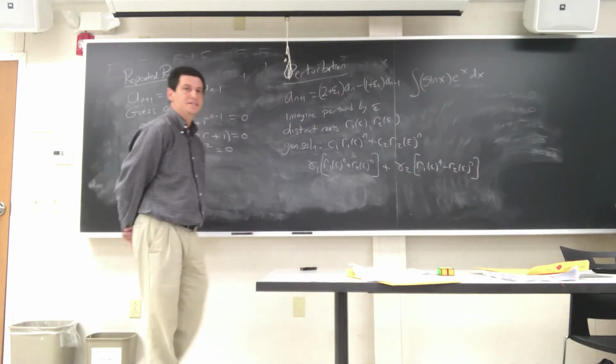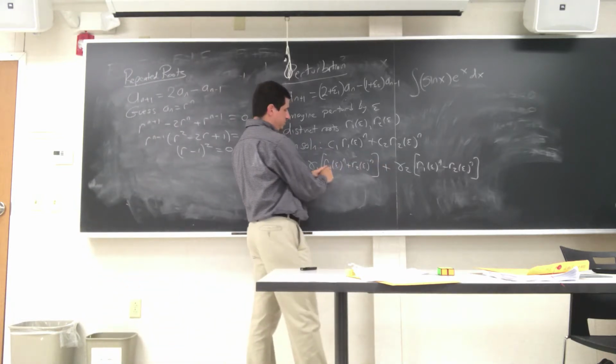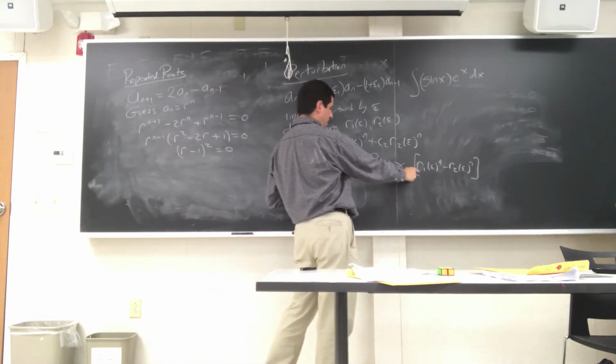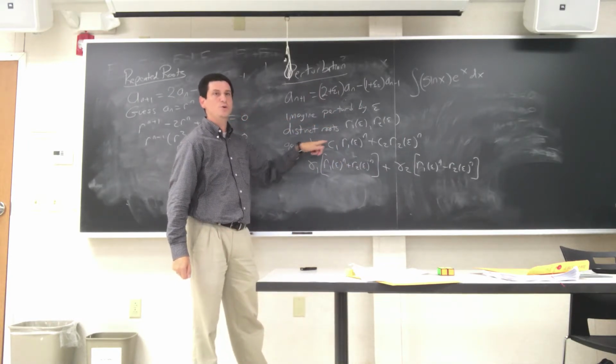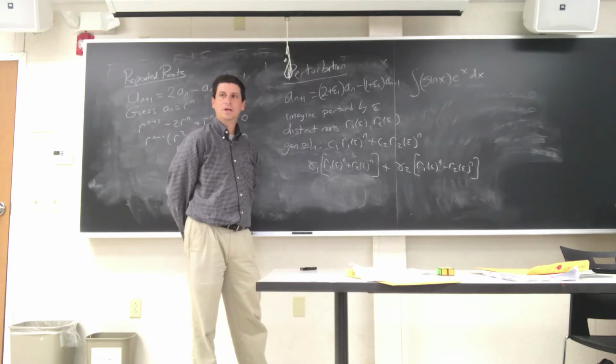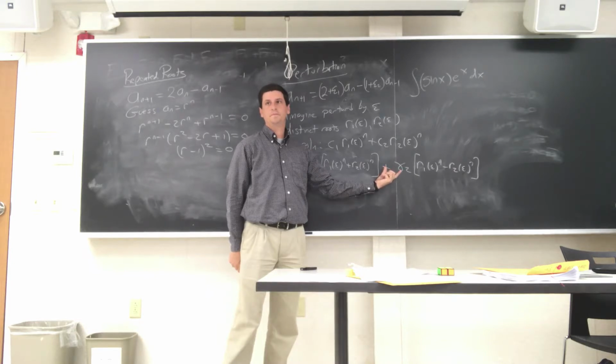And so I claim this is another way of writing the solutions. And if you look, I'll have gamma 1 plus gamma 2 R1 to the n, gamma 1 minus gamma 2 R2 to the n. I can solve for the gammas in terms of the c's or the c's in terms of the gammas. So the span of this is the same as the span of this. Okay?